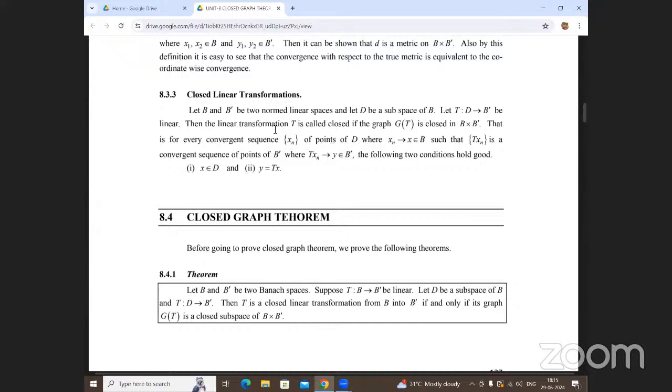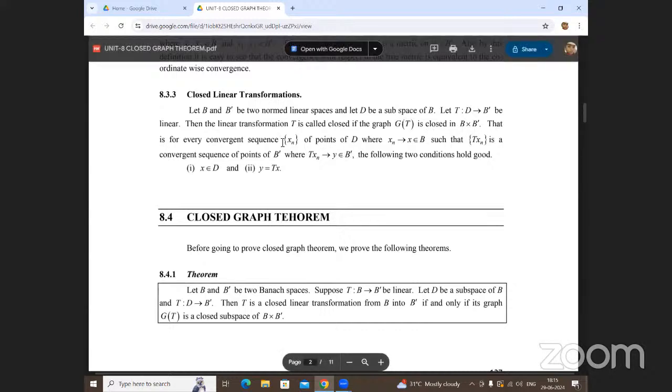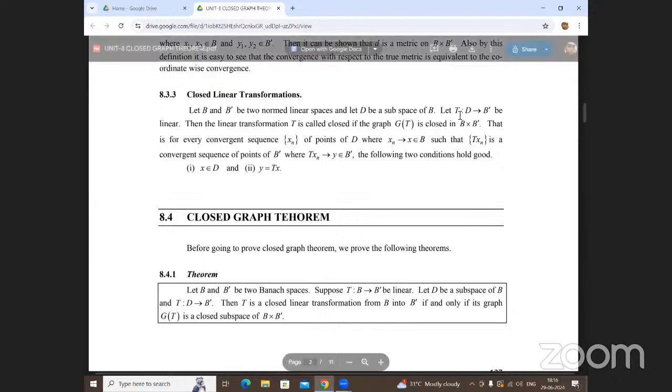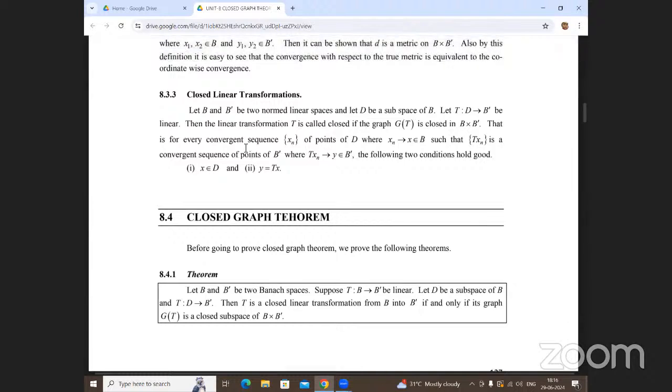When the graph G of T is closed in B cross B dash, that transformation is called closed. A linear transformation is called closed when its graph is closed.